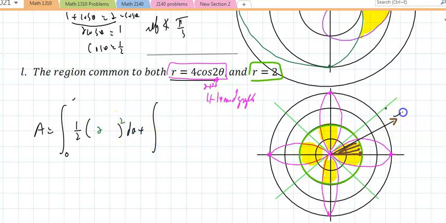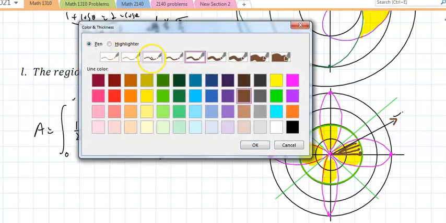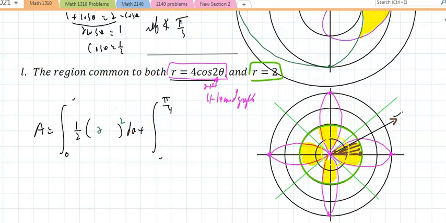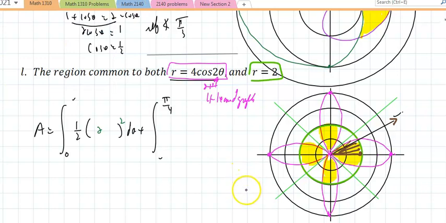Plus, once I get to that angle, if I run to pi over 4, I'll notice that my arrows are now running to the purple. So it looks like this if I expand that greatly. It looks like this, and the green looks like this.